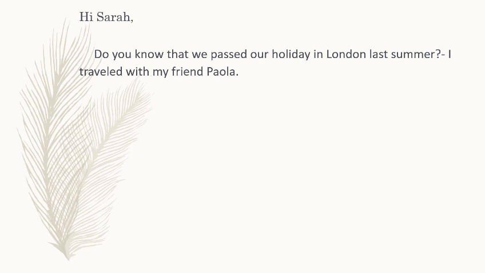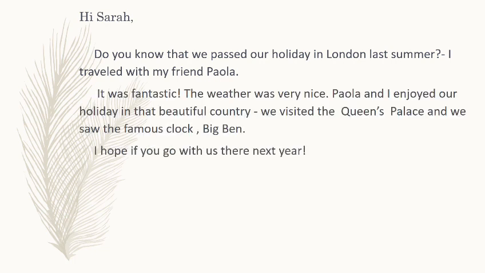"I traveled with my friend Paula." Then you have more details about my email. When I finish the details, of course, I'm going to add a sign off. So let's read it together.